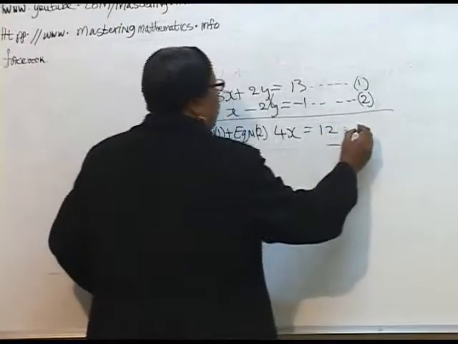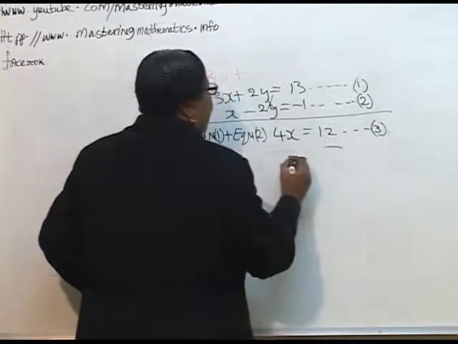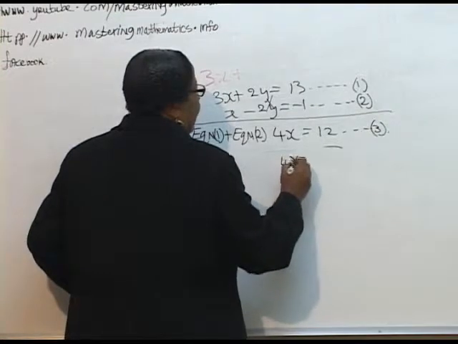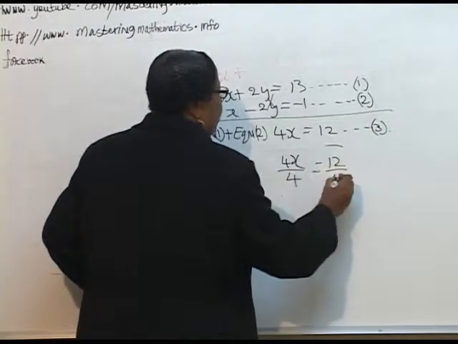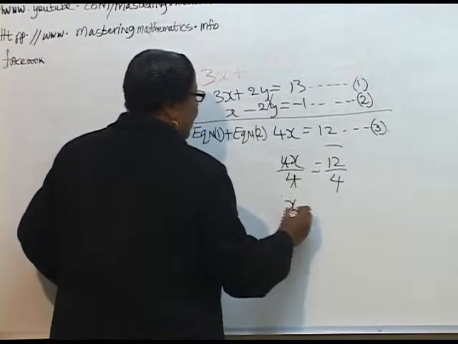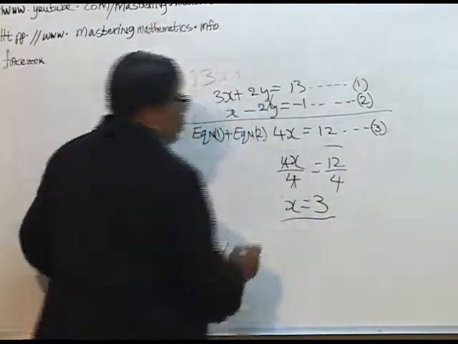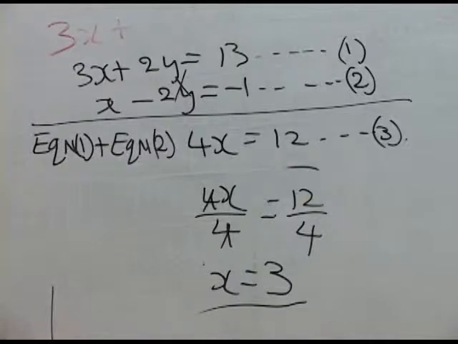And so we're going to get right away that 4x divided by 4 would be equal to 12 divided by 4. And so x then is equal to 3. Okay? So now we are so good, we're leaving out some of the little in-between steps, because that's where we want to get.